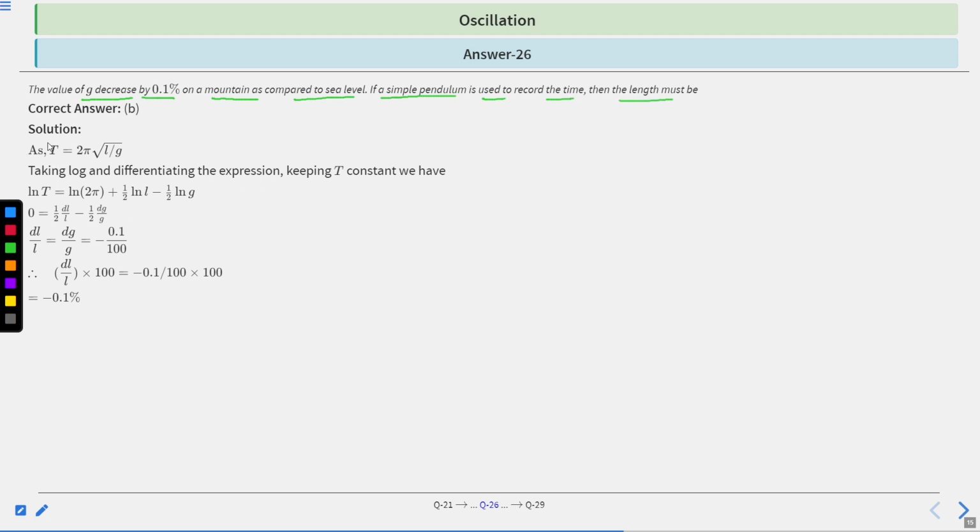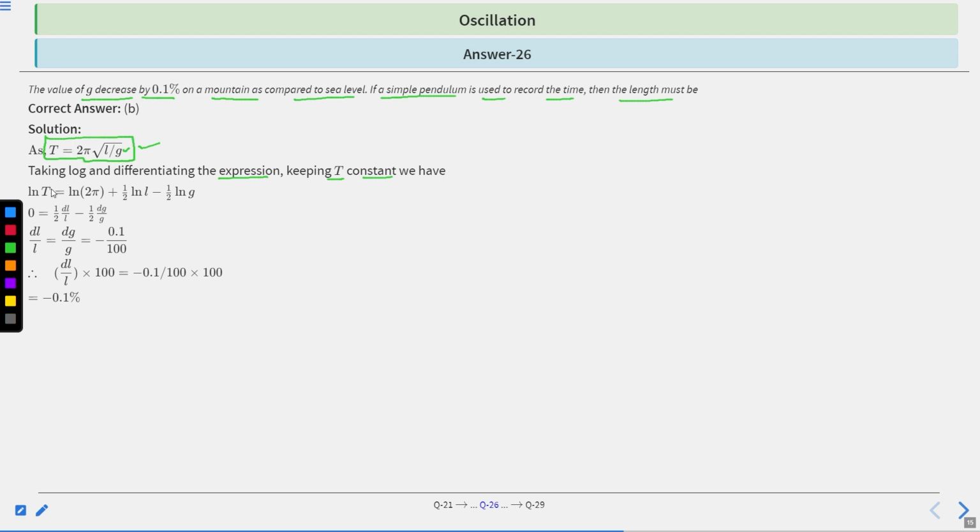We know the formula, time period T equal to 2 pi root of L by g, where L is the length of a simple pendulum and g is the acceleration due to gravity. Taking log on both sides and differentiating the expression, keeping T constant.